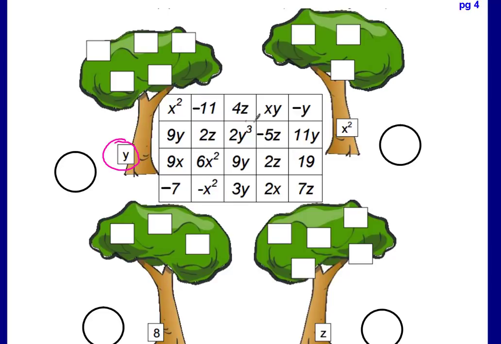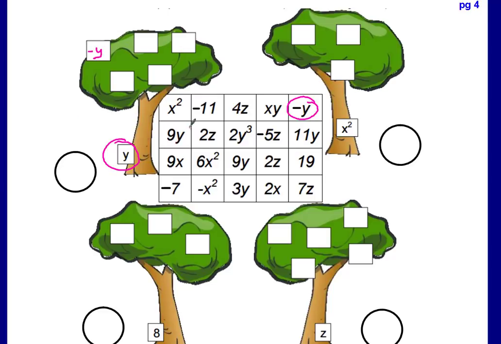If I go through, this first term here, xy, has a y in it, but it also has an x. Does our tree have an x as well? No, it does not. We want only a y, so we cannot use the xy term. So we keep going. Here's a y. Negative y, so we're going to write it in our tree, negative y.